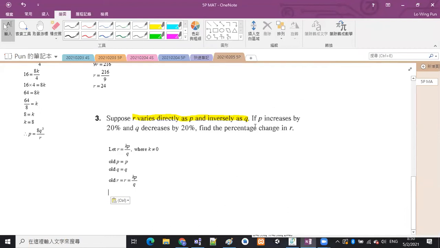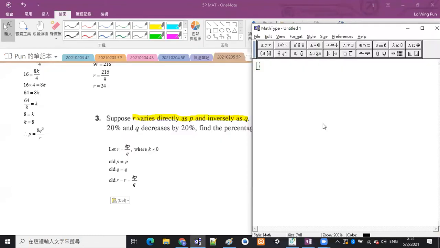And then for the new values, so we will start from the variables that have percentage change. Okay, so if P increases by 20%, so the new P is equal to old P times, because it is increased by 20%, so it should be 1 plus 20%.